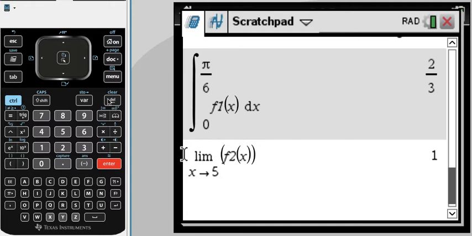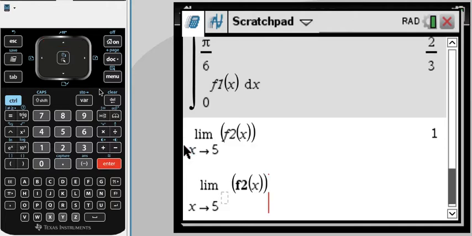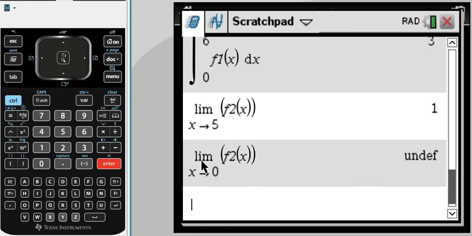If I was approaching 0, let's confirm what we would get. I would expect to get does not exist because it's coming to two different numbers. When I hit enter, sure enough, I get undefined. However, the limit feature also allows me to do one-sided limits.